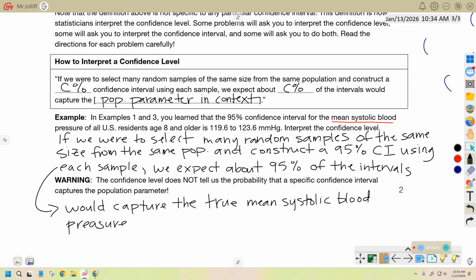And if you wanted to get bonus points with the AP readers, you would be very specific about the population you're referring to. For all US residents 8 years and older.